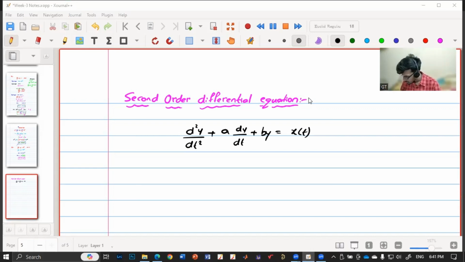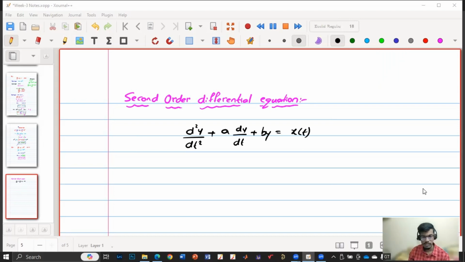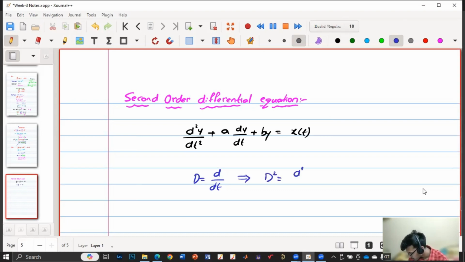In such a scenario, we'll do the same thing that we have done for the first order equation. We'll consider an operator, a differential operator, which is nothing but d by dt. So if D is equal to d by dt, D square will be d square by dt square. This is just an operator we use to simplify our understanding.